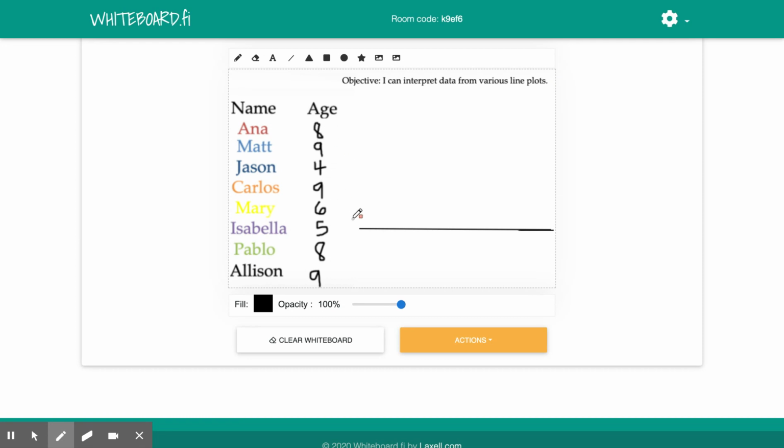And the oldest kids at the party are Allison, Carlos, and Matt. They are 9 years old. So when I create my line plot, I'm going to start off at 4.